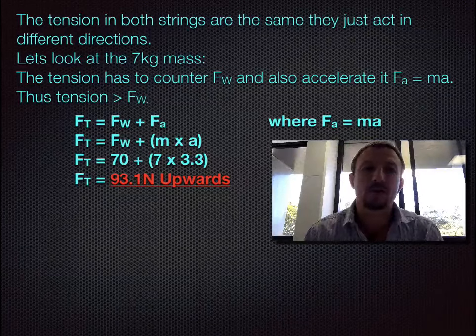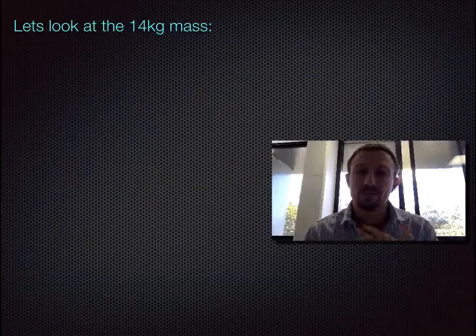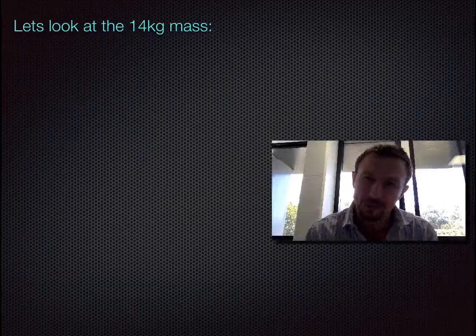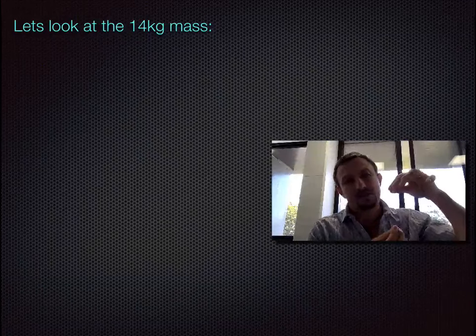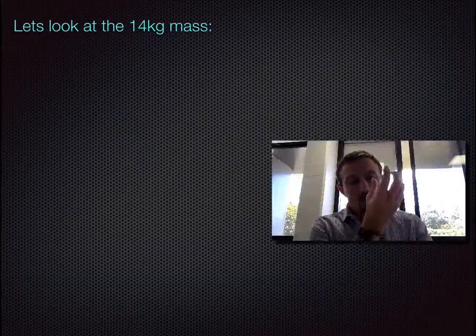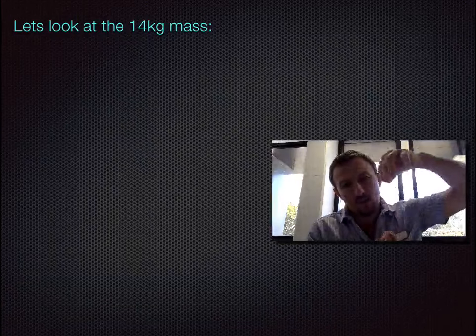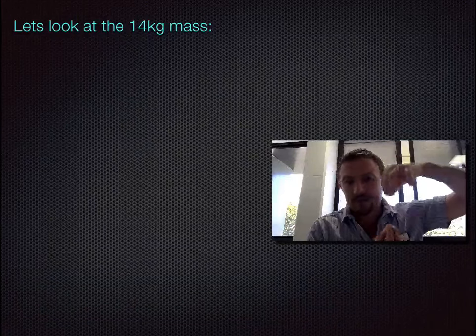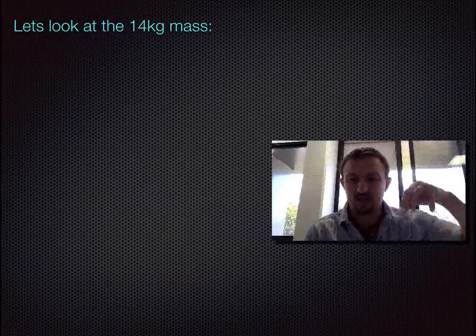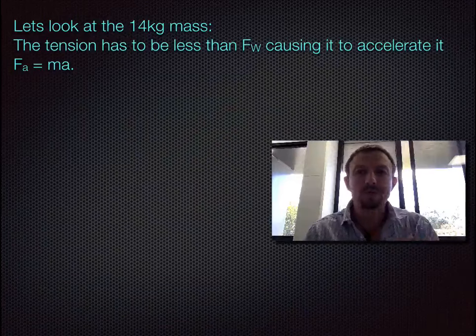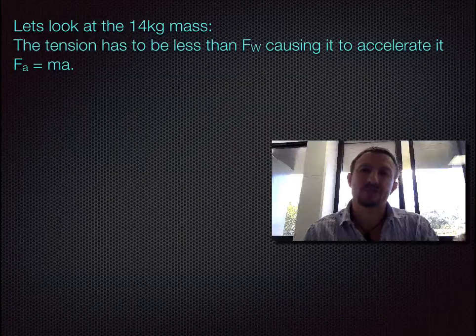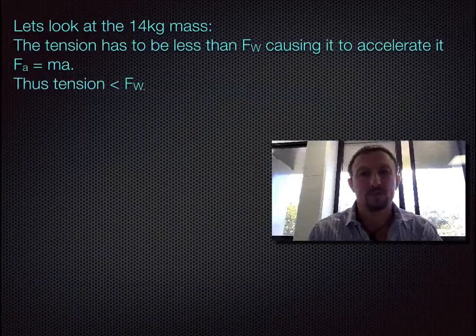Now, if I look at the 14 kilogram mass, it should be the same, but acting in the opposite direction. This time I've got a whole weight force, but it's being held back by the tensional force from that 7 kilograms. So what we've got to have now is the tension force has got to be less than the weight force.